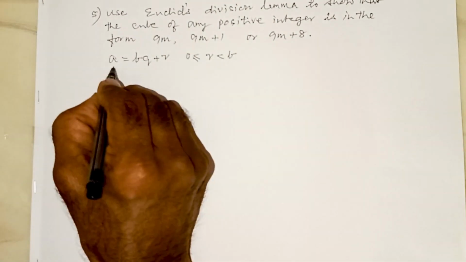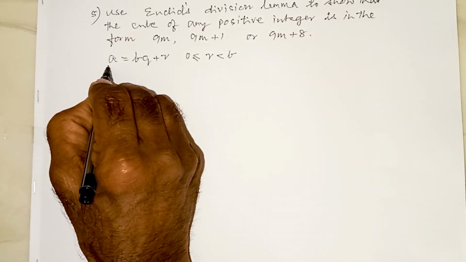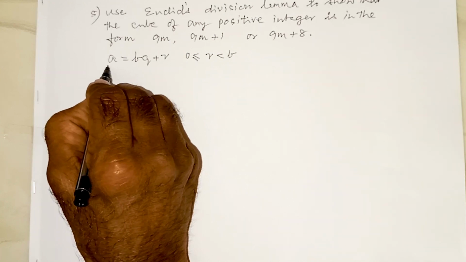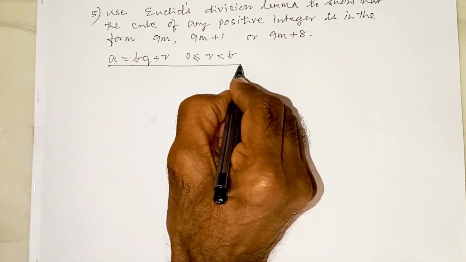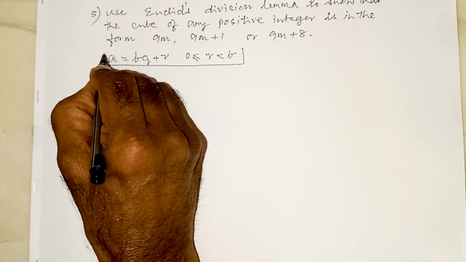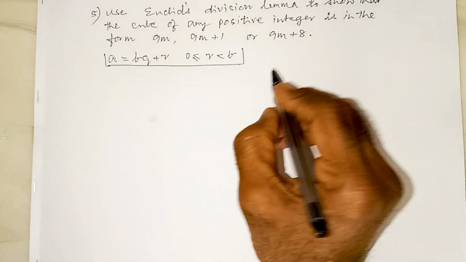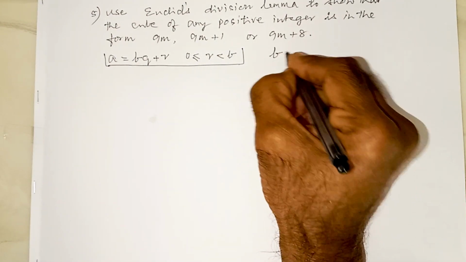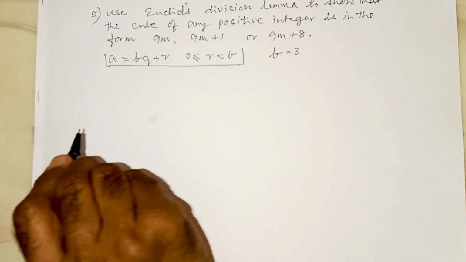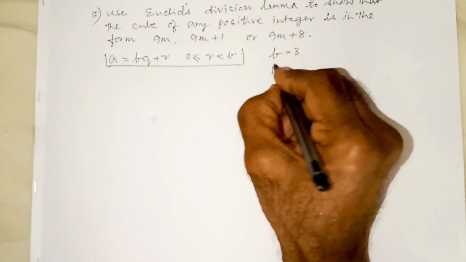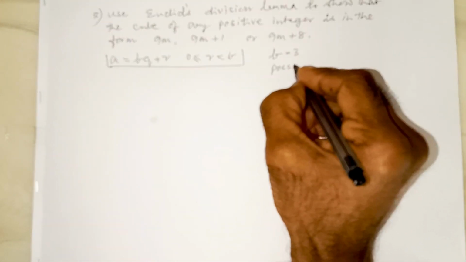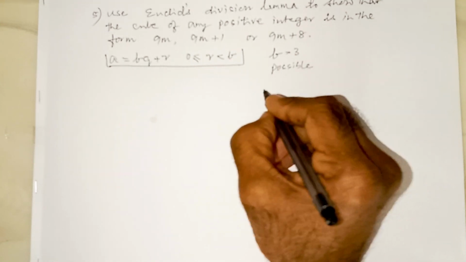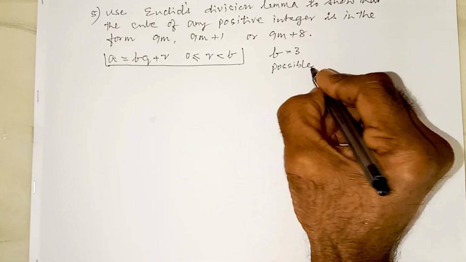This is the condition. As I said, this is the condition of Euclid's division lemma or algorithm. You need to know this. Now the value of b is taken as 3. We will write down all possible values of remainder r.